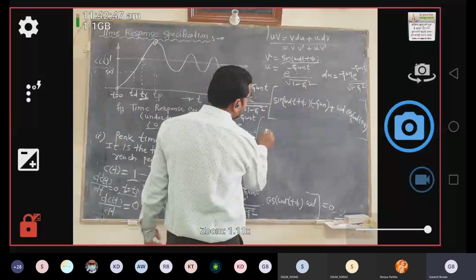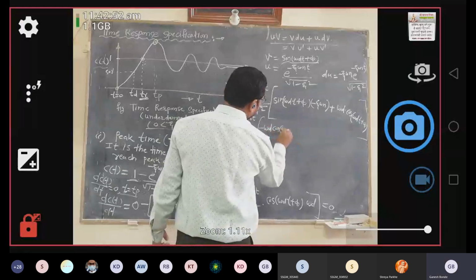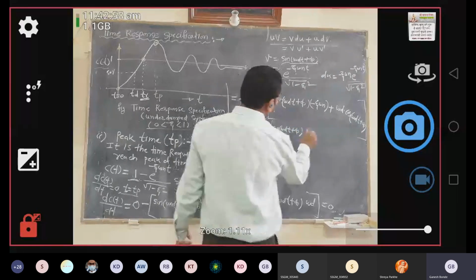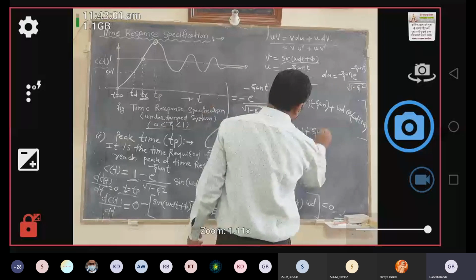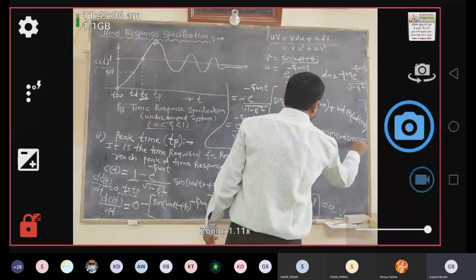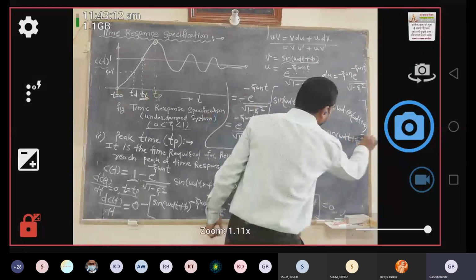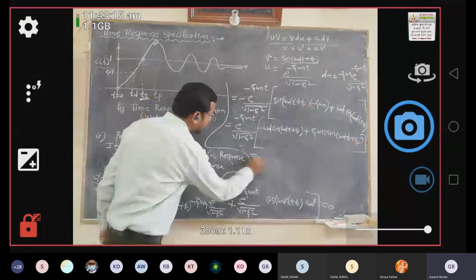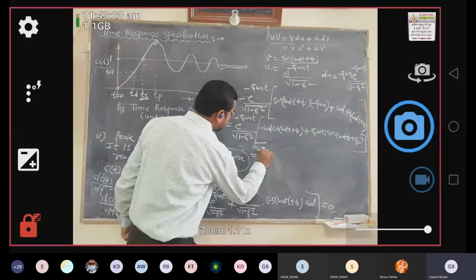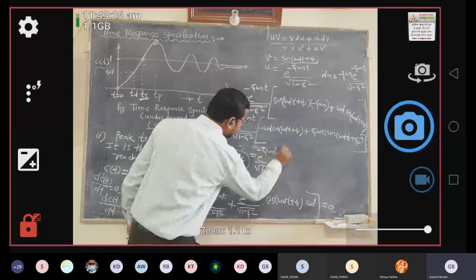So you get minus of omega d into cos of omega dt plus phi plus zeta omega n into sin of omega dt plus phi. Okay, so after multiplying with the minus sign, you will get this. Now again you can simplify this.